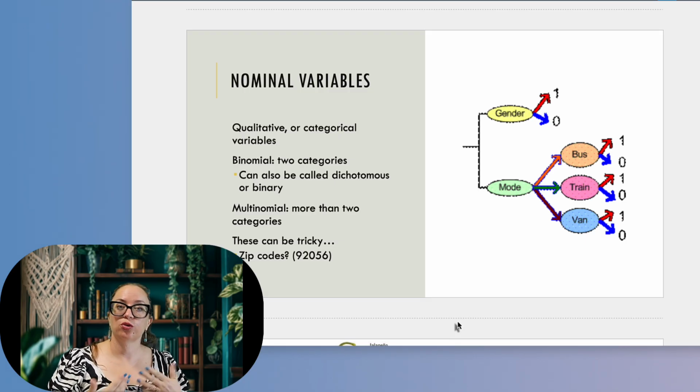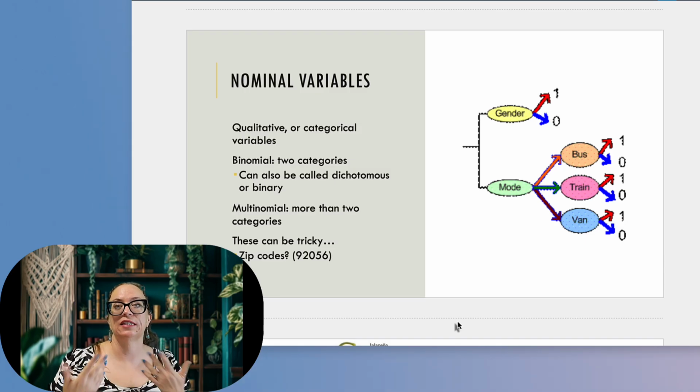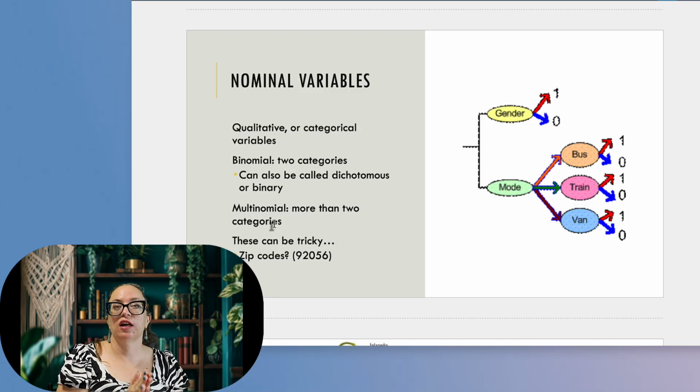So where this gets a little tricky is people like to add, and including us, we're going to code data in the future, people like to add numeric identifiers to nominal data. Take something like a zip code. I have a local zip code, right? It doesn't mean that another zip code of a greater value means that it's bigger, that it's a greater quantitative value.